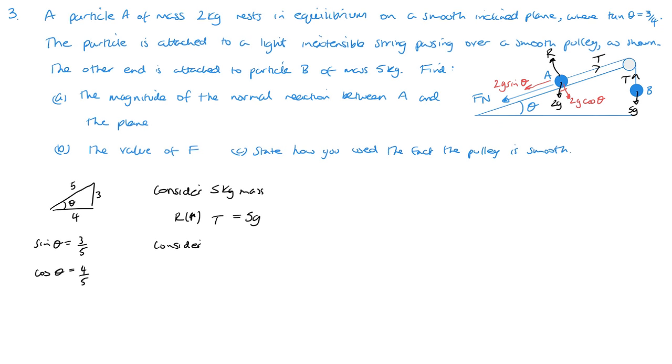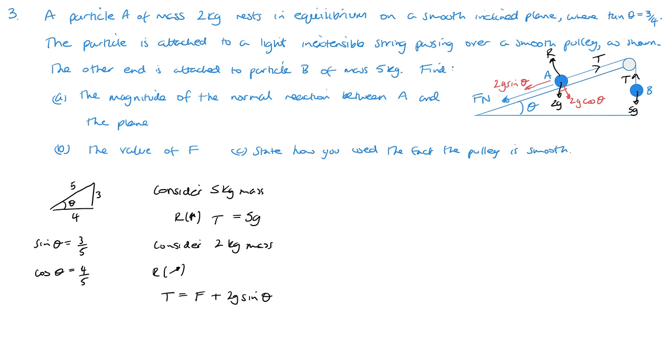So now we consider the 2 kilogram mass. For this we can resolve parallel to the slope. Going up the slope is T, and going down the slope is F plus 2g sine theta.